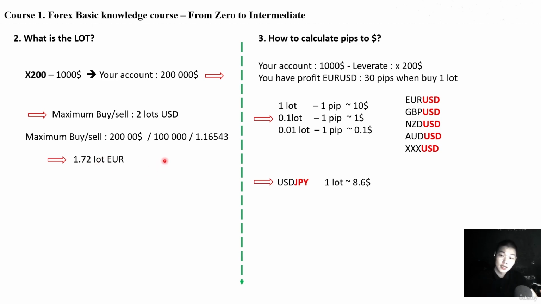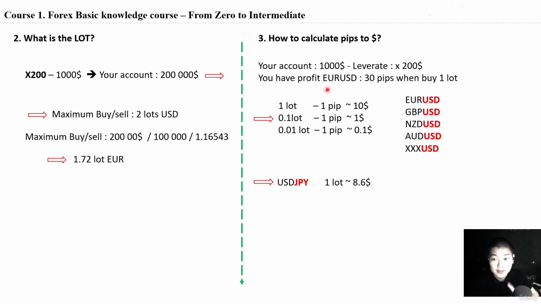And the next one is very important: how to calculate pips to USD. For example, your account still has $1,000 and leverage is still 200 times, and you have a profit when trading Euro USD of 30 pips when buying one lot.